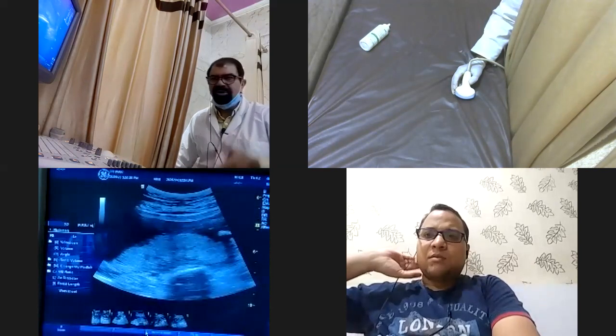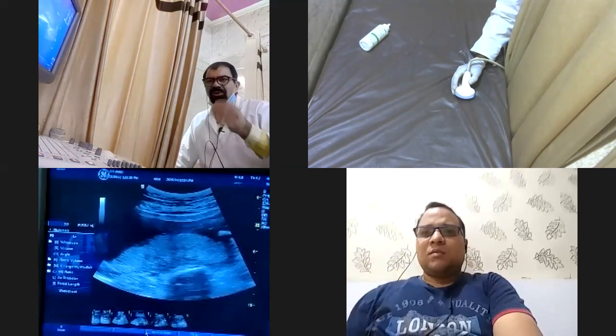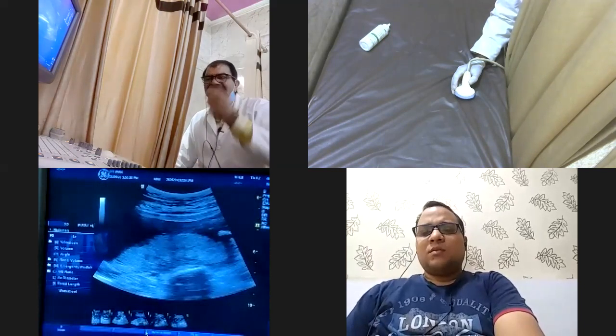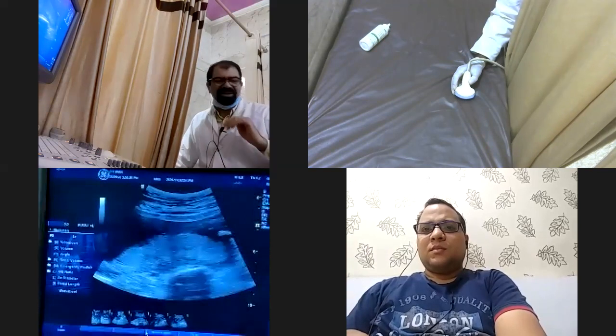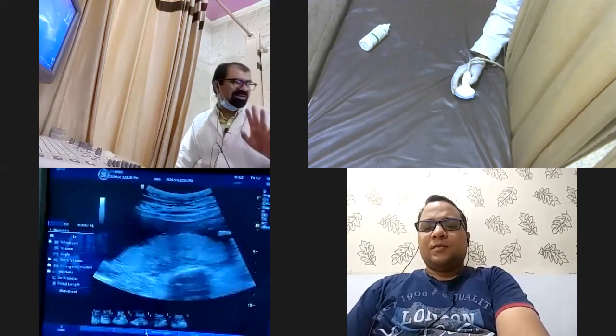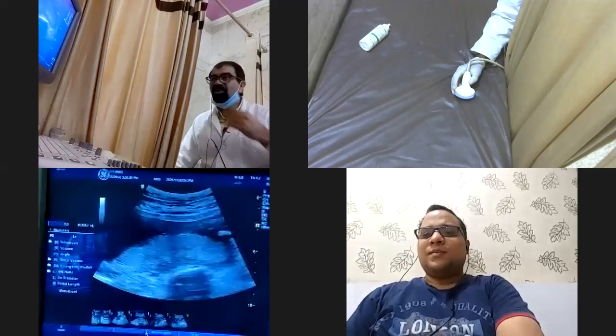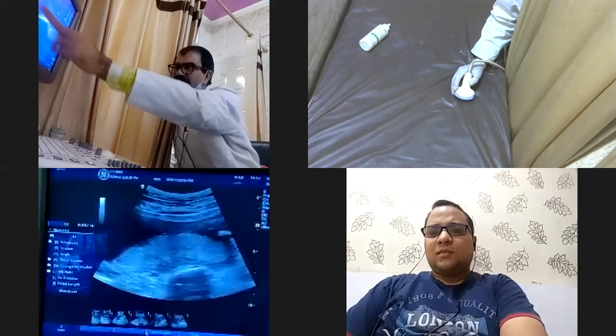I told you, if you know the screen orientation, if you know the basics, you can even tell me whether this is anterior or posterior placenta. Now see the beauty. You have never seen a fetal ultrasound, and you can now tell me that this is not the anterior placenta, but the posterior placenta.